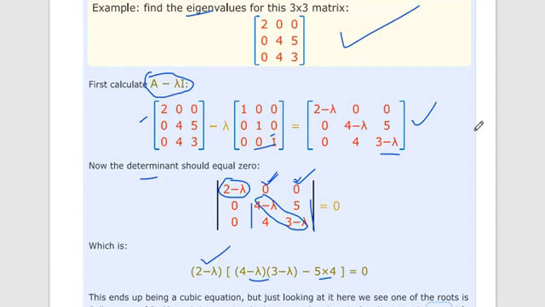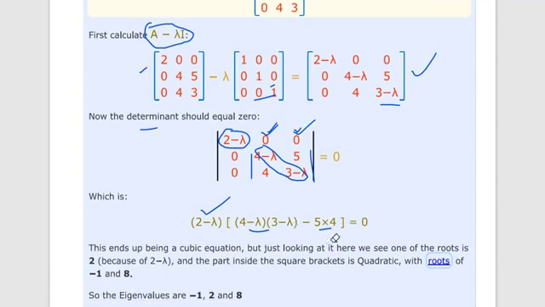Now from this equation we have to find lambda. Let's not multiply directly; if we multiply, we get lambda cube, from this lambda, this lambda, and this lambda. We do not want multiplication, we only want to simplify this equation. How?